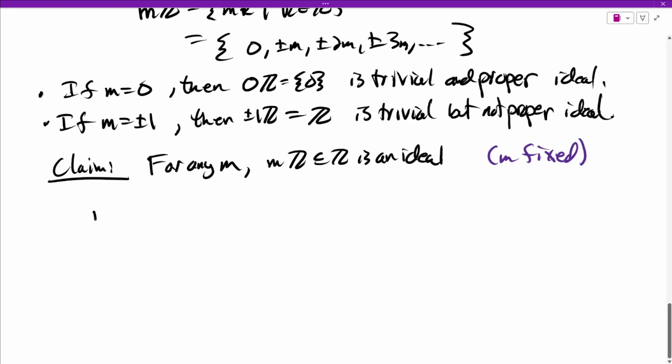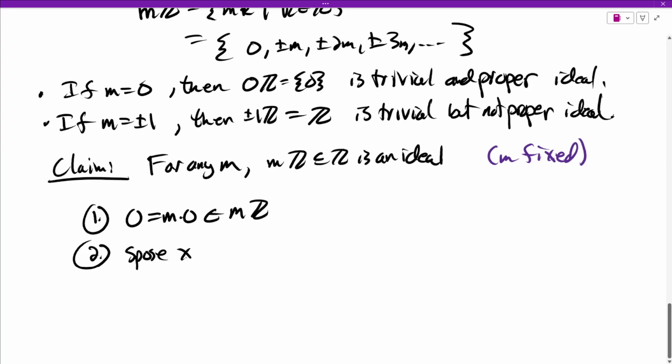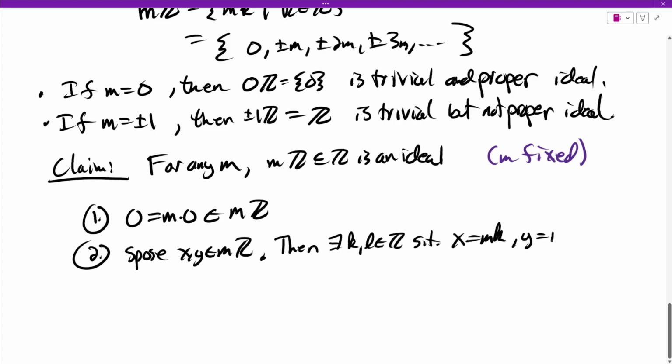So what's the first thing we have to do? We have to show 0 is there. Well, 0 is m times 0, so that's certainly in mZ. Great. Next, suppose we have two elements in mZ. What does it mean? There exist some k and l in Z such that x is mk, so it's some multiple of m, and y is ml.